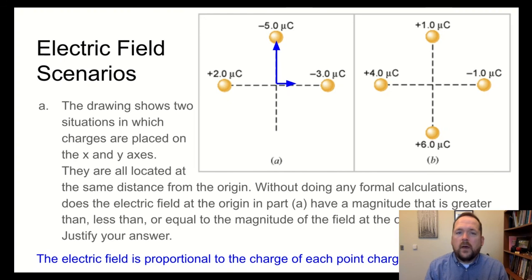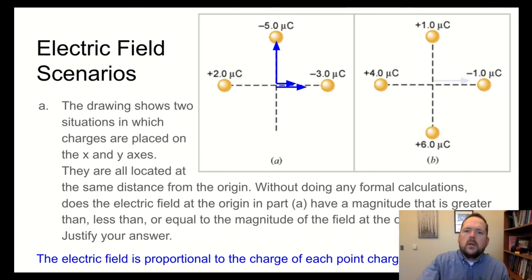It's going to be 2.5 times the size of the 2 microcoulomb electric field contribution, because again, that electric field is proportional to the charge, and all of these charges are the same distance from the center. So then I also have a contribution from the -3 microcoulomb charge that points to the right.